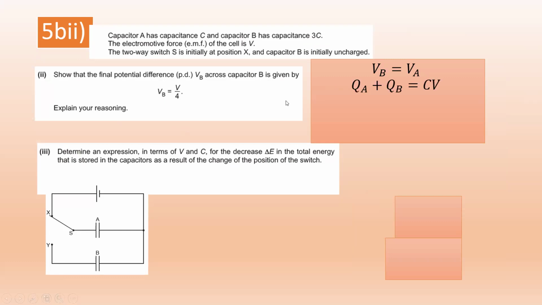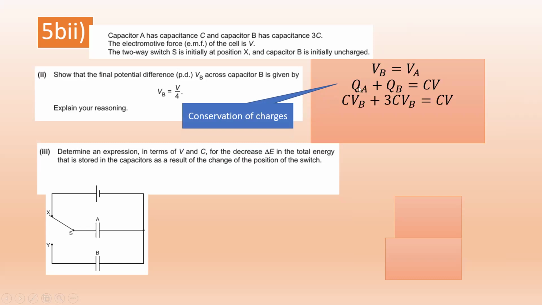The final charge QA plus QB equals the initial charge CV, conservation of charge. Then replace with VB, so C times VB plus 3C times VB equals CV. C can cancel off. So VB equals V over 4.